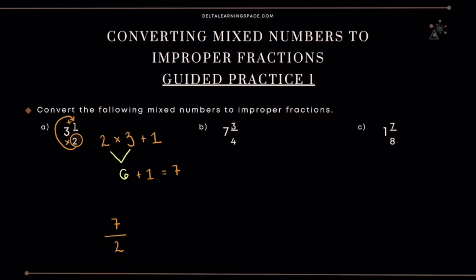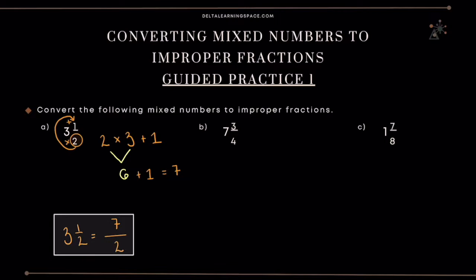We will not be changing the denominator of any of these values. We will only be converting to an improper fraction and writing an equivalent numerator. So 3 and 1/2 will equal 7/2.